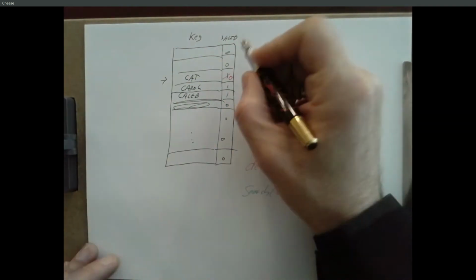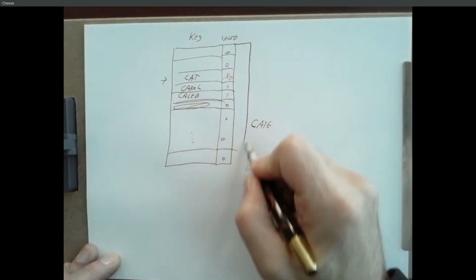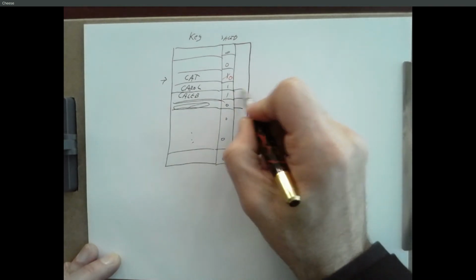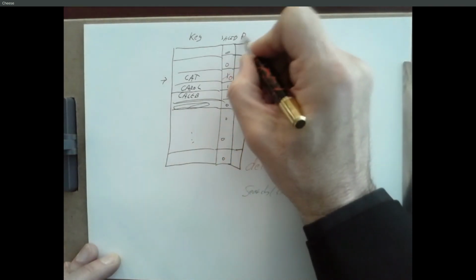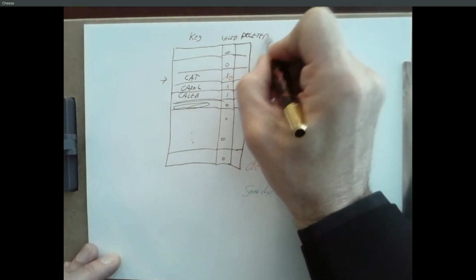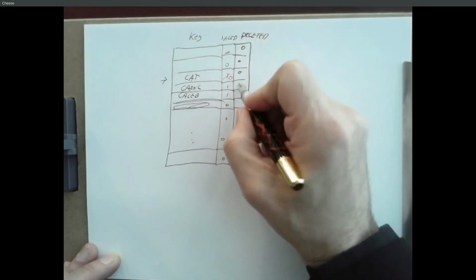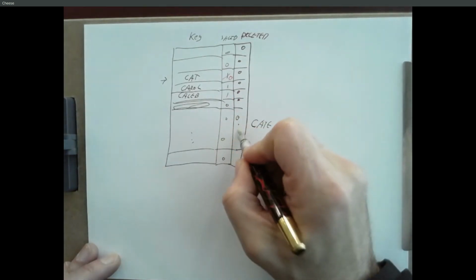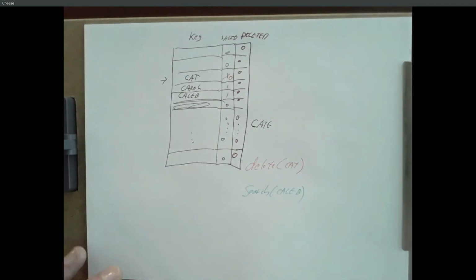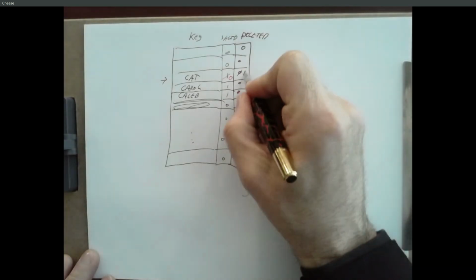And so we're going to add one more flag, which I'm going to call deleted. And we'll initialize deleted to 0 everywhere. When we delete someone from the table, we set the valid flag to 0, but we set deleted to 1.